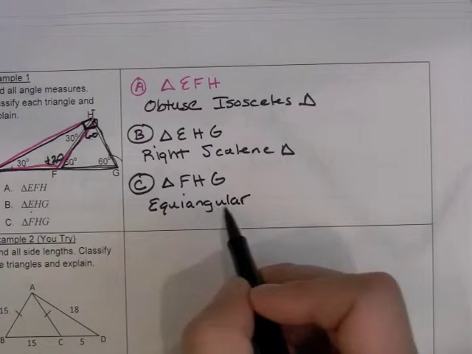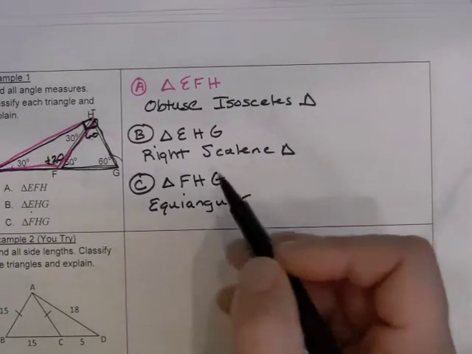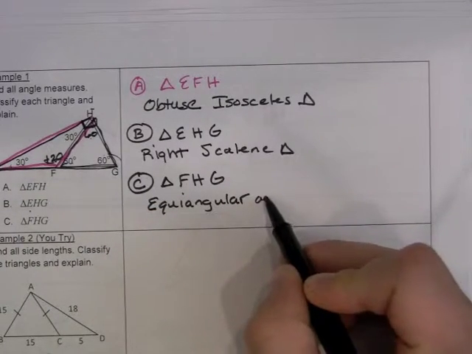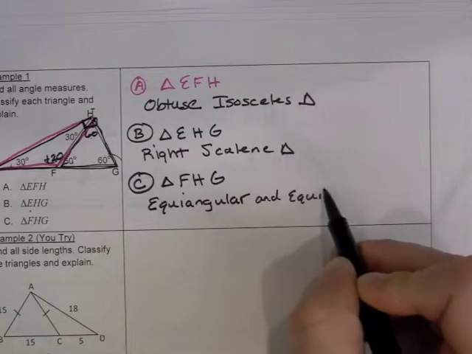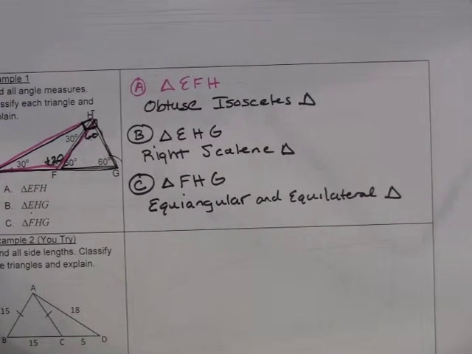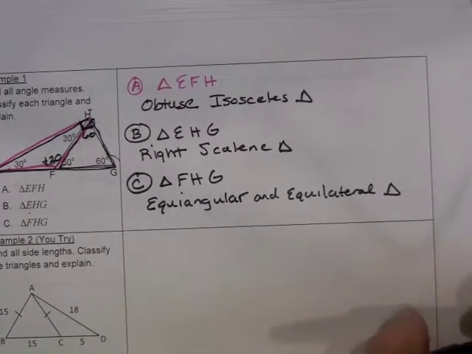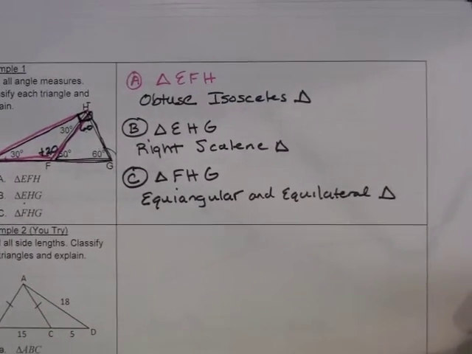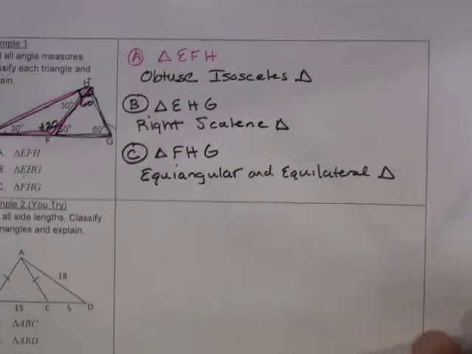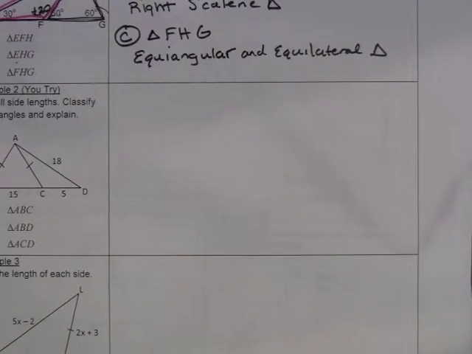And again, if it's equal angular, we also know that it would be equilateral, because when you have three equal angles, you have three equal sides. And we're done with example 1. So what I want you to do right now is try to classify example 2, all those triangles. So go ahead and take a little bit of time to do example 2.